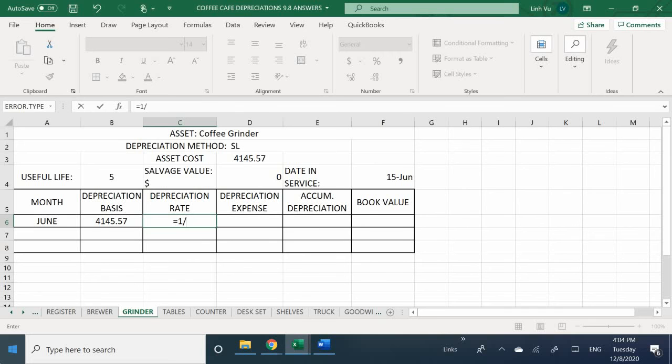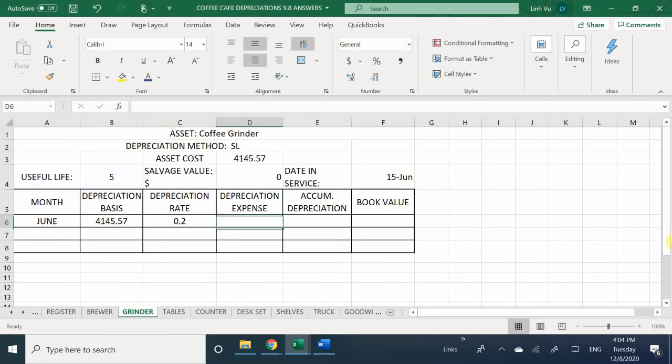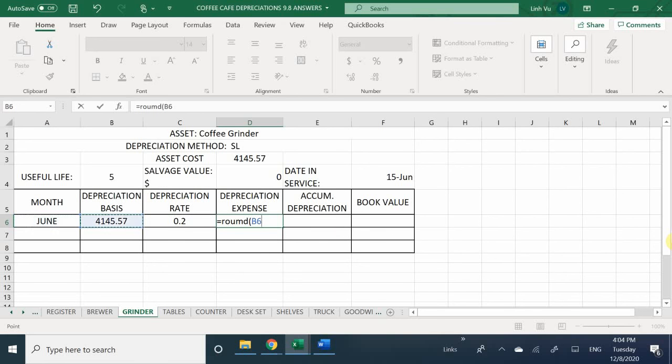The depreciation rate is going to be 1 divided by the estimated useful life, 5, which is 20%. And then the depreciation expense is the depreciation basis times the depreciation rate.